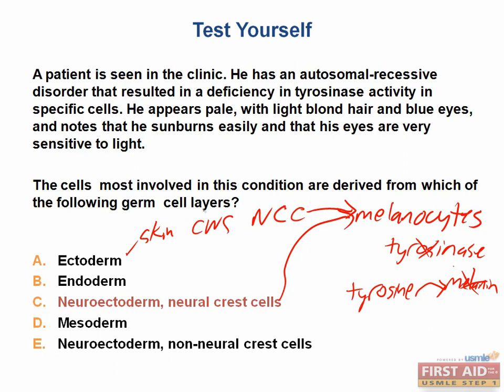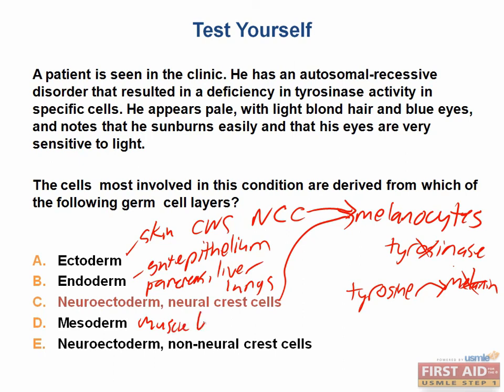The endoderm is responsible for a number of different organs, including the gut epithelium and some organs like the pancreas, the liver, the lungs, all of the non-essential organs, the organs you don't need to think. And then the mesoderm is responsible for muscle, bone, connective tissue.